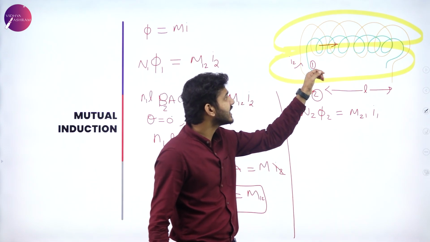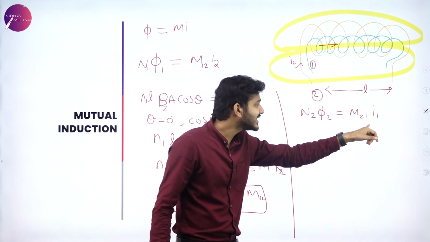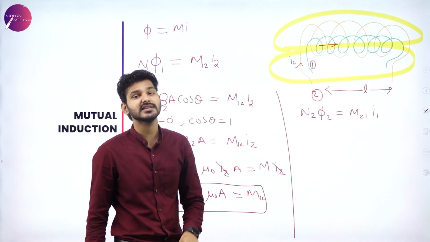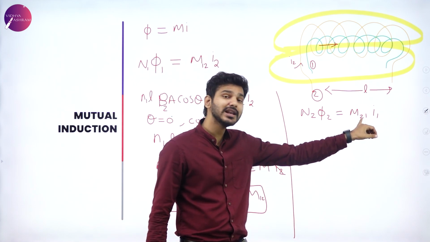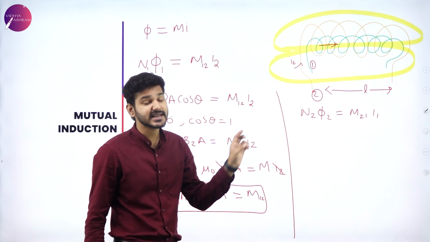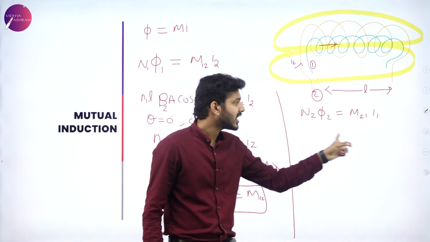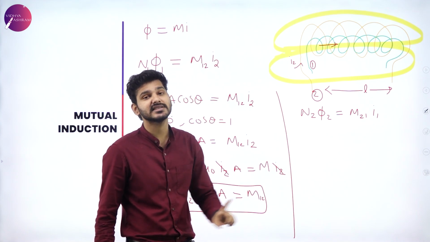That is, current through the primary coil is inducing a change in flux in the secondary coil, and that constant is M21. So current in the first coil is inducing a change in flux in the secondary coil.